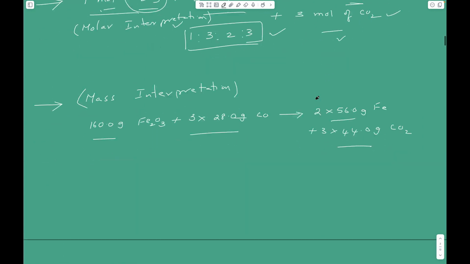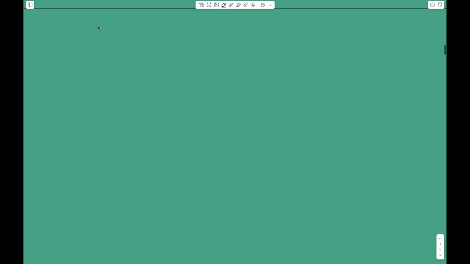Now let us consolidate our understanding with the help of another example. In the early 20th century, a German chemist by name Fritz Haber developed a process in which ammonia can be synthesized from nitrogen and hydrogen.